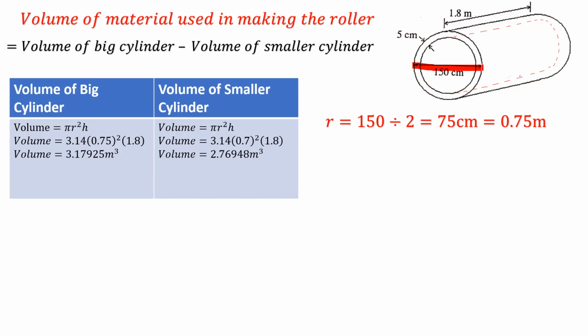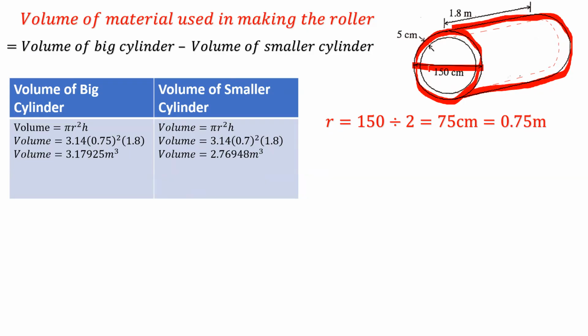See, the big one has a diameter of 150, and this is the bigger one right here, the one on the outside. So we have to use this diameter because it's the volume of this big one that we're trying to find first.